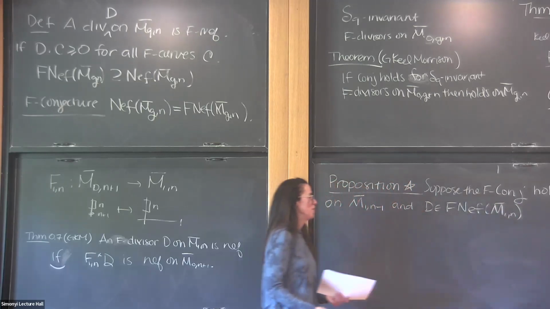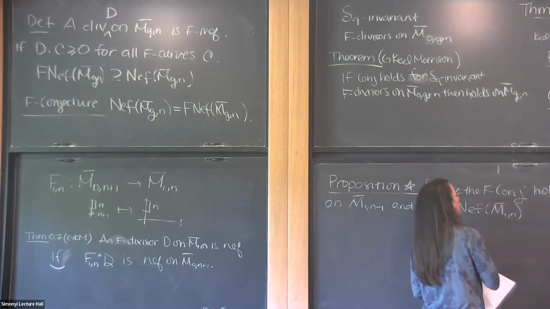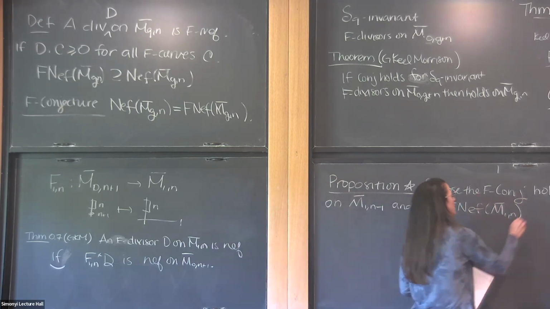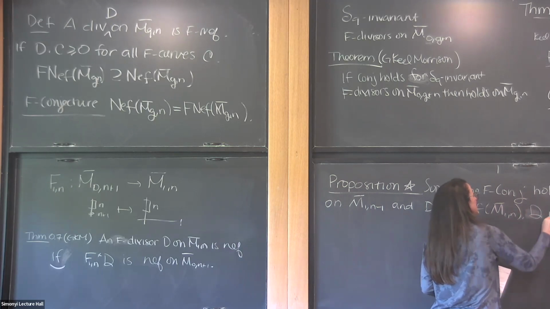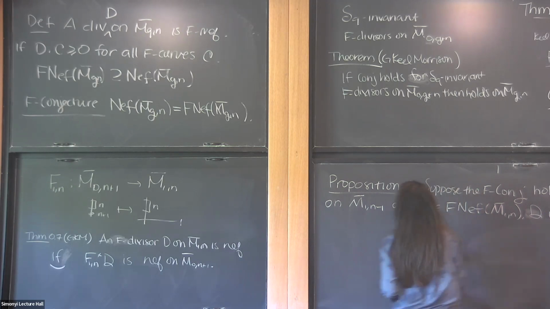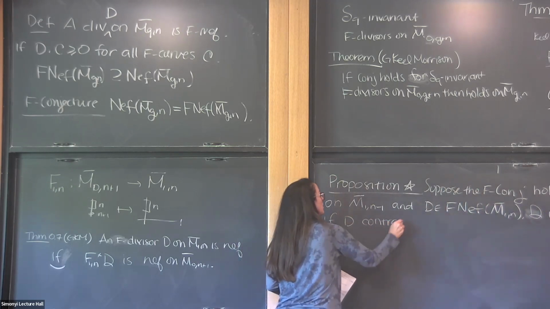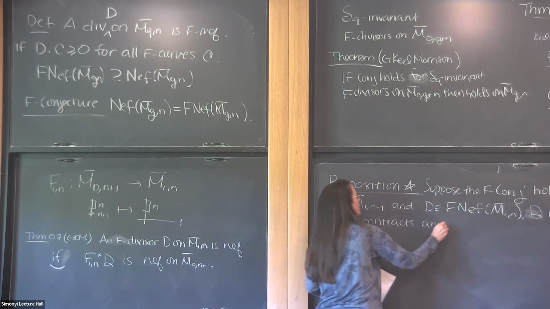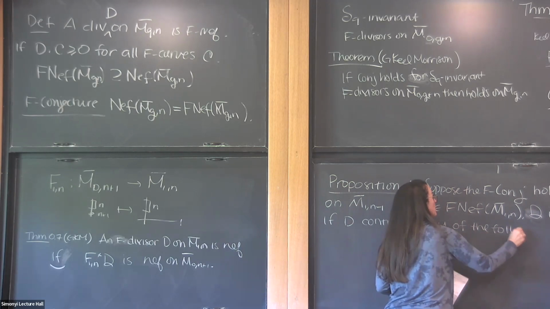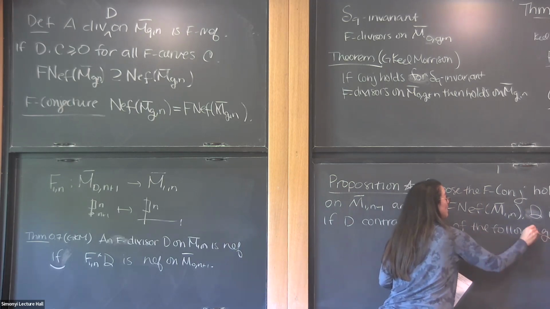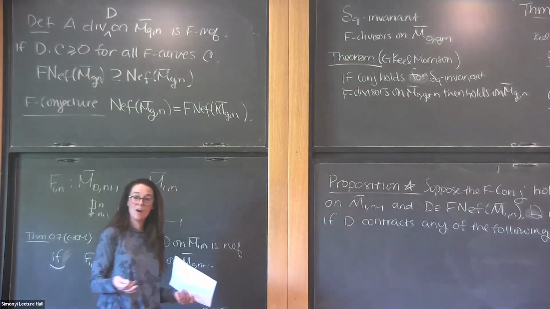So we have an F divisor on M1n, and we know the conjecture holds for M1k, k less than or equal to n-1. Then D is nef if D contracts any of the following curves. When I say contracts, I just mean when you intersect it with any of the following curves, you get 0.